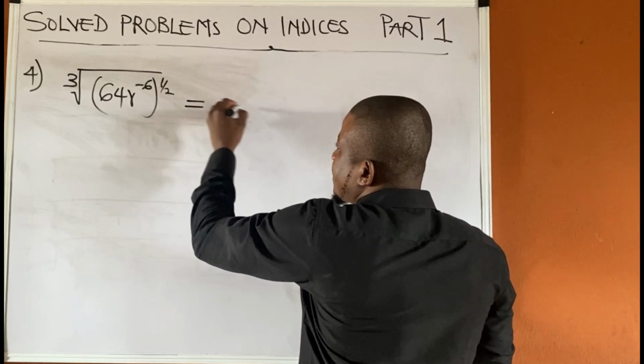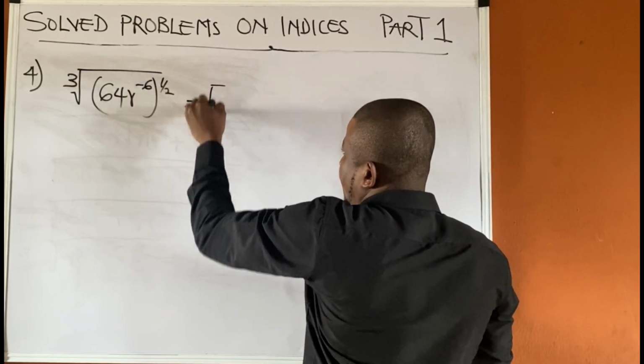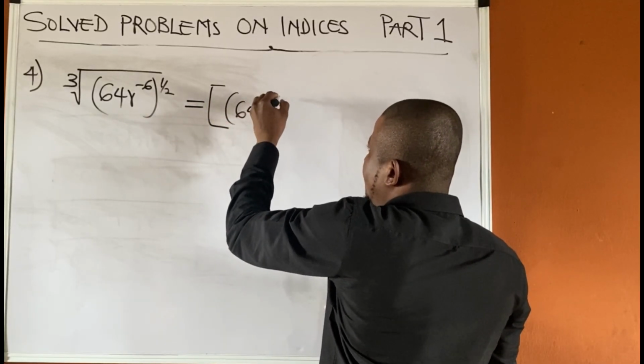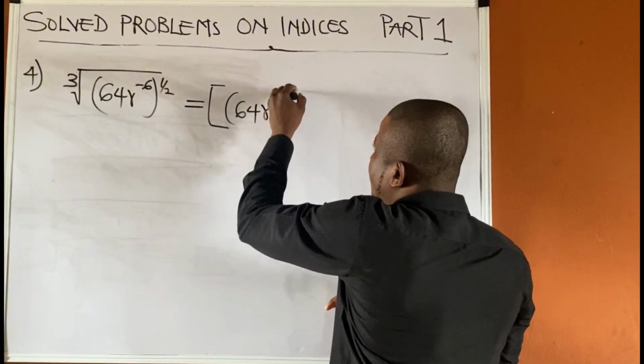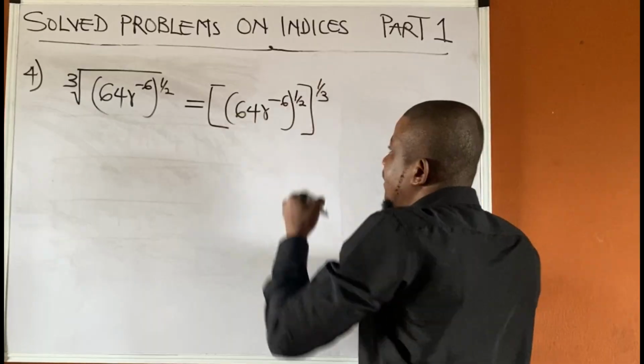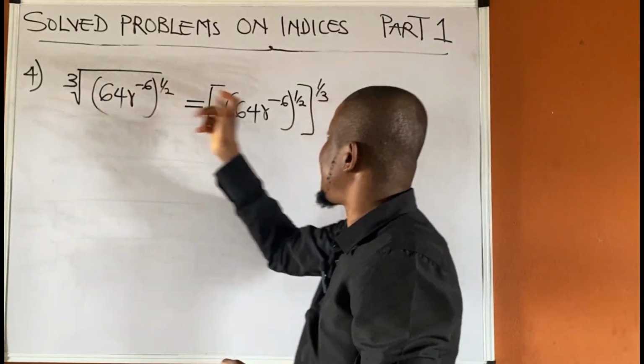Let's simplify this as 64r to power minus 6 raised to power half, all raised to power 1 over 3, because we know that this cube root function here is power 1 over 3.